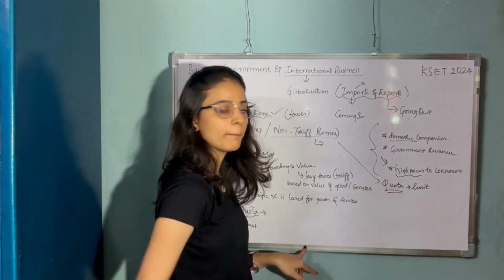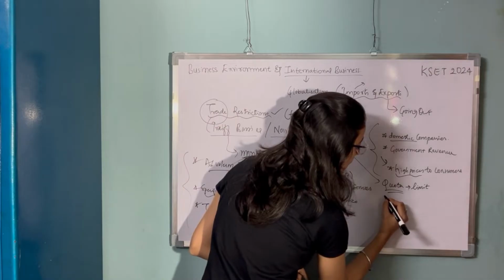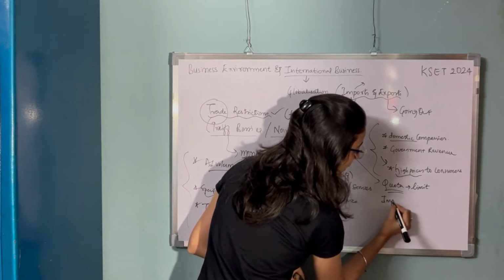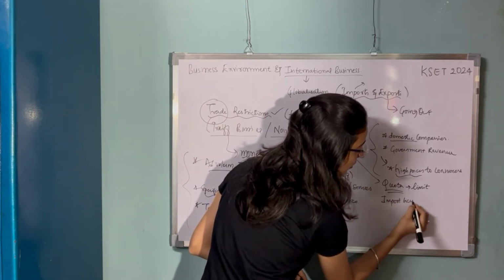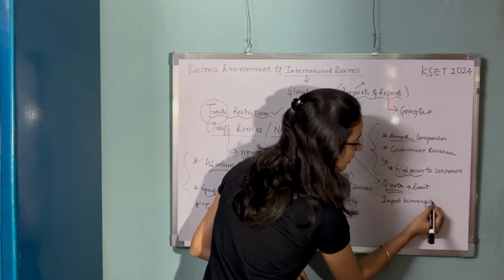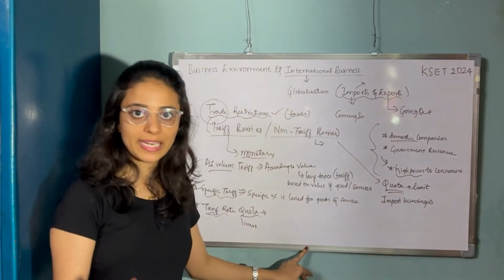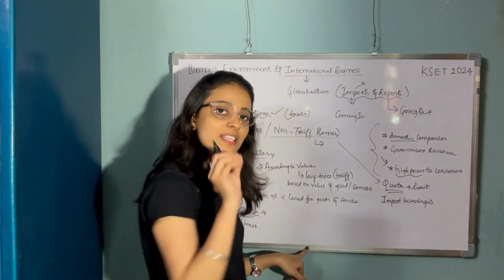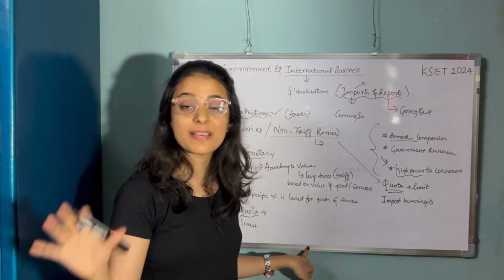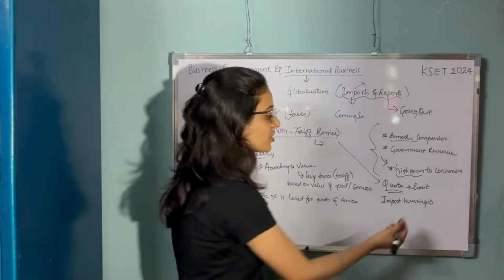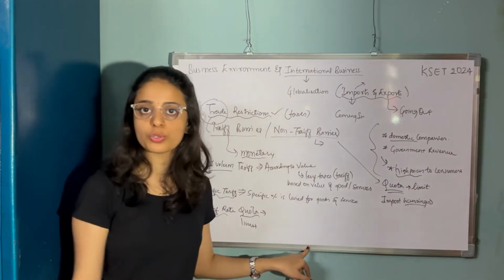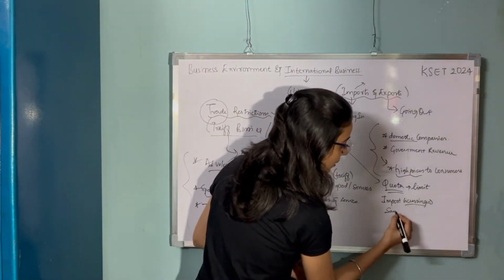Next, we have import licensing. Licensing means what? Obtaining permissions. So for specific goods and services, only specific people who have such a license can import such goods and services. Next, it is about sanctions.